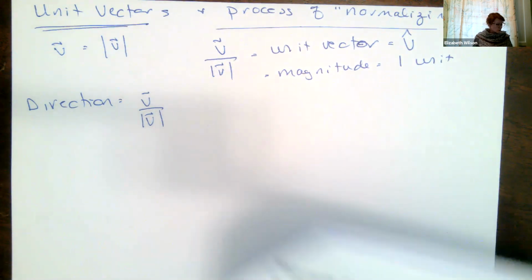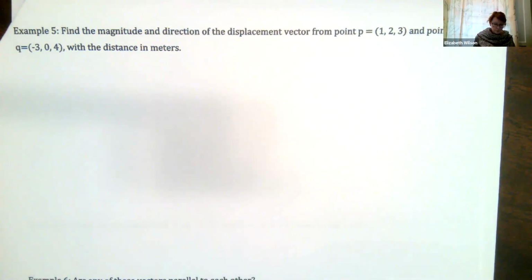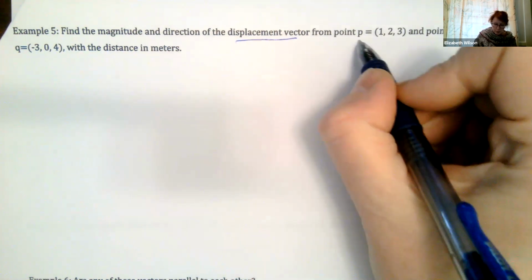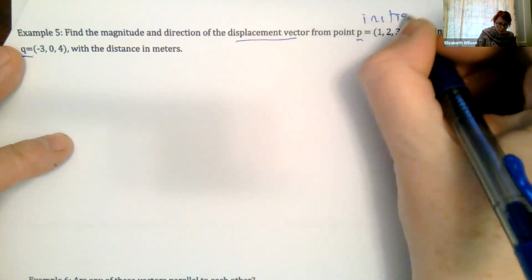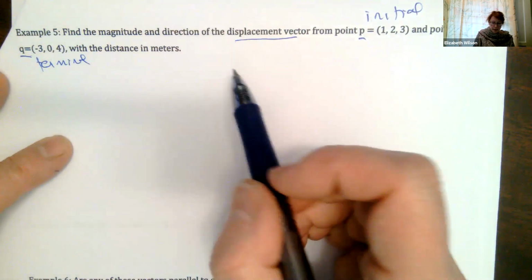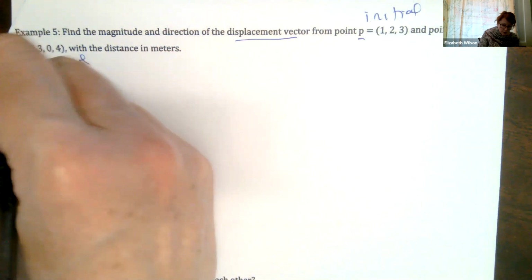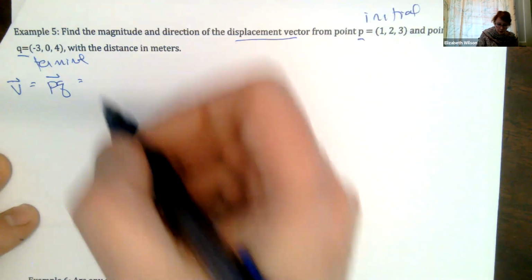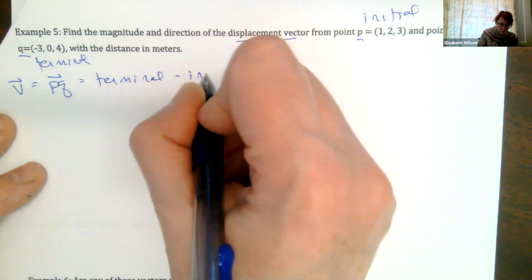Okay, good. So this one here, example 5, basically says we want to calculate the displacement vector from point P to point Q. So point P is our initial point, and Q is our terminal point. Then we want to find the magnitude and direction of the vector that results from that. So I'll call this V equals, I'm going to go from P to Q. Remember, the displacement vector is our terminal minus our initial point.